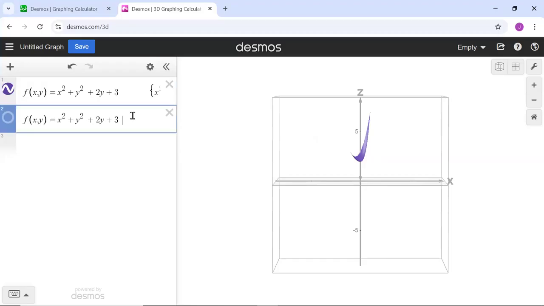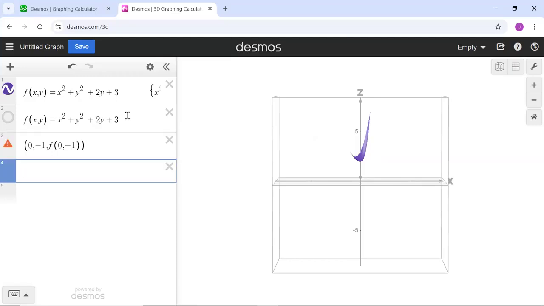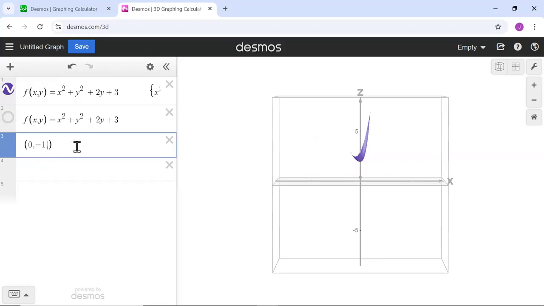Let me just graph those. 0, negative 1, and we got a 2.